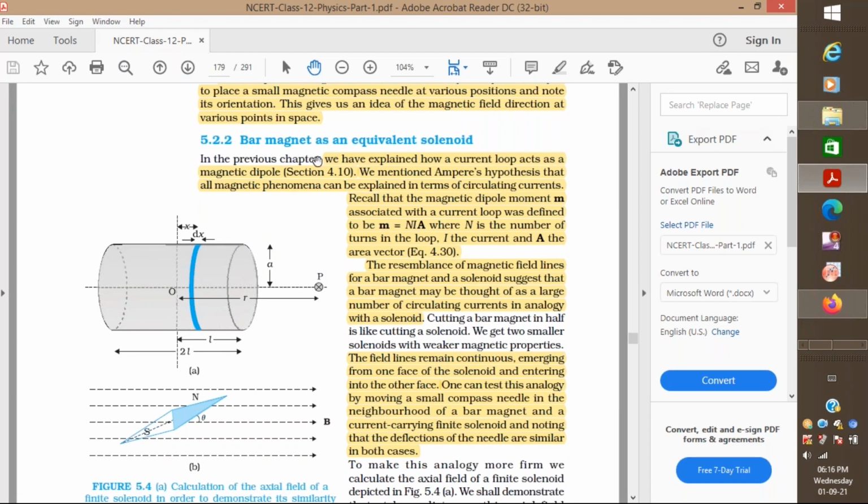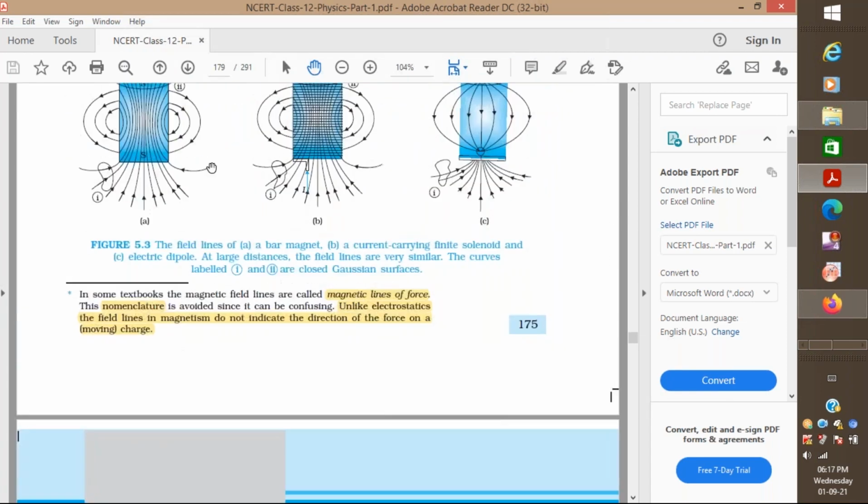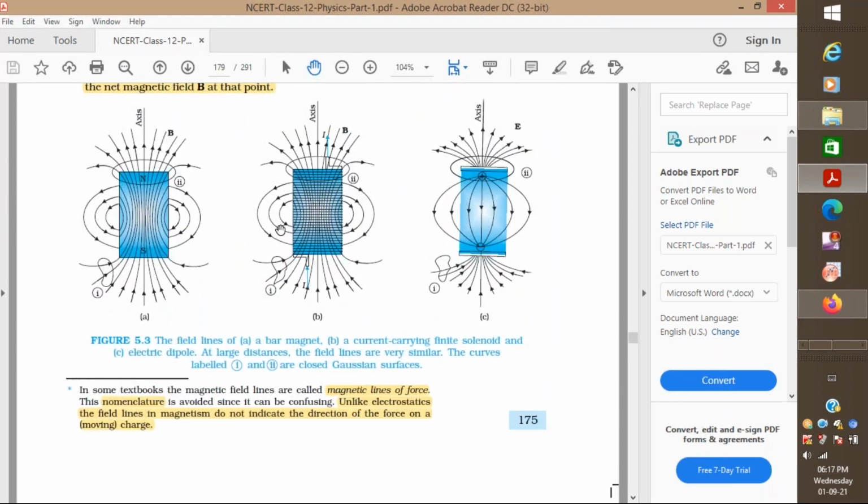Then we discussed that a bar magnet can be compared to a solenoid. That's why the topic is the bar magnet as an equivalent solenoid. Why?